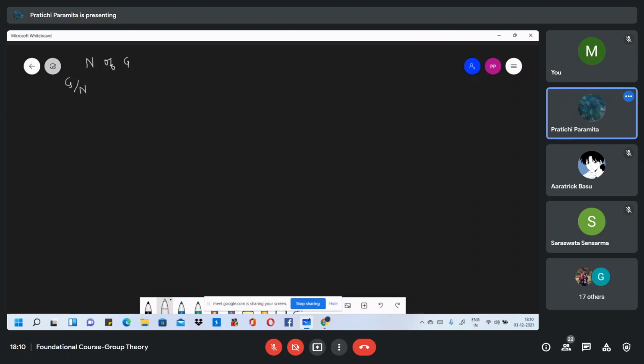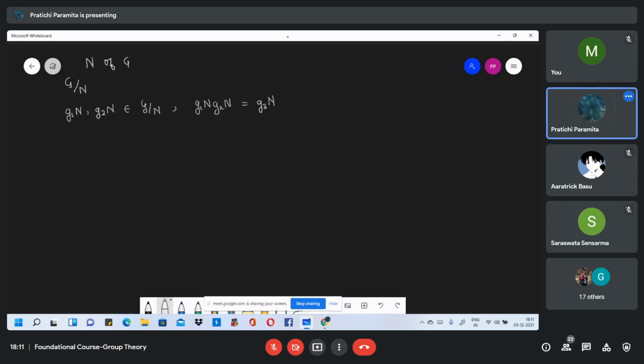Then G mod N should satisfy closure. That is, suppose G1N and G2N are two left cosets of N in G, that is, they belong to G mod N. Then G1N, G2N should also be a left coset of N in G. So if it is a left coset, that means there is some element G3 in G such that this has to be of the form G3N.